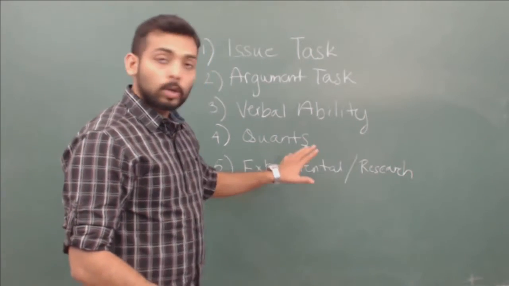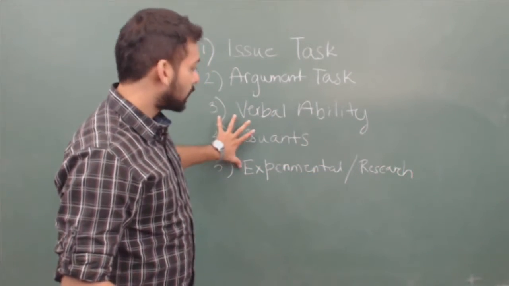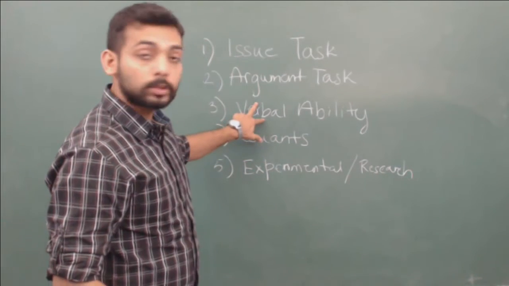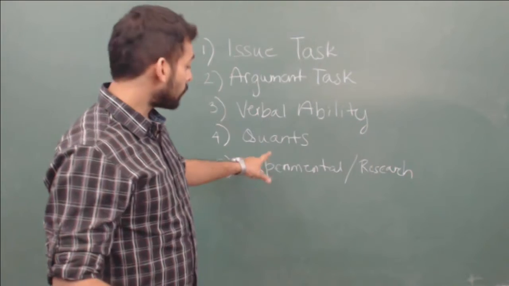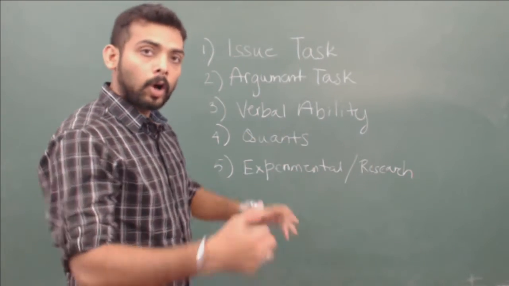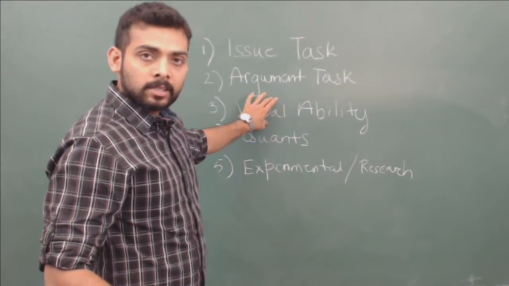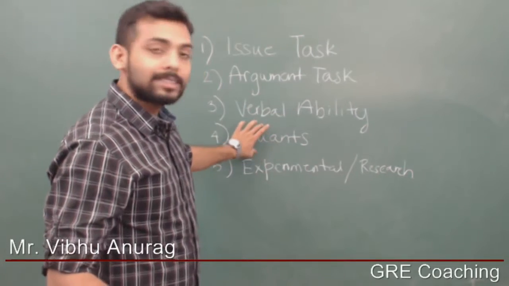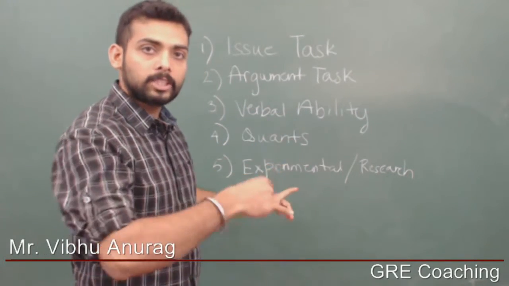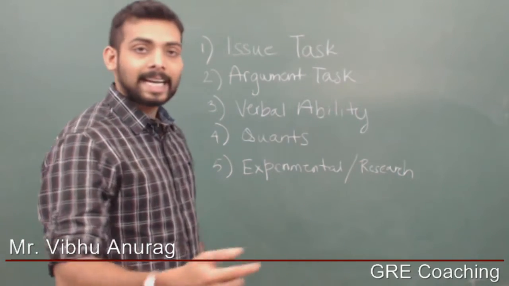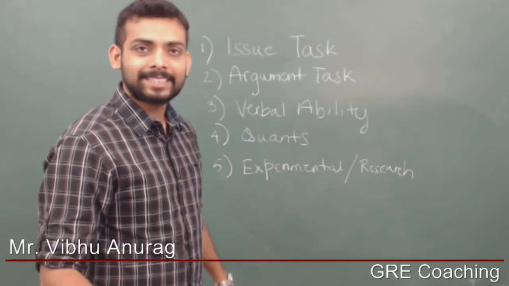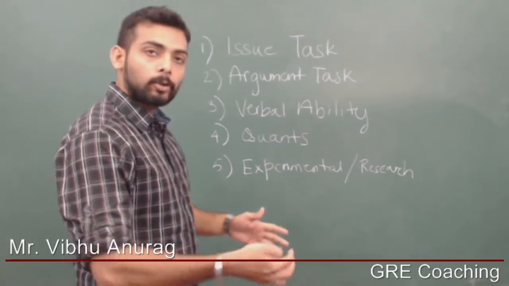So in total you will have either 3 verbal sections, that is the 2 sections you will be scored on and the experimental section, plus 2 quant sections, or you will have 2 verbal sections on which you will be scored plus 3 quant sections, out of which you will be scored on 2 and 1 will be the experimental one. But the catch is that we don't know which section is experimental. So by default you have to attempt everything.